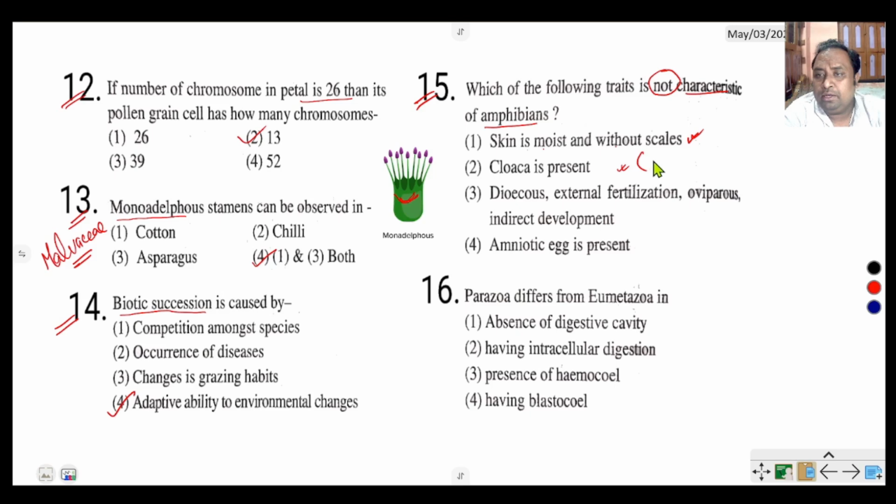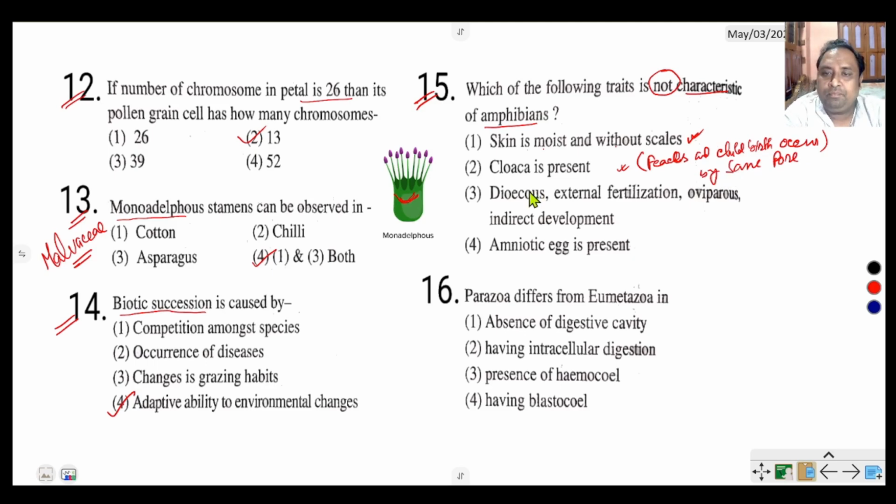Cloaca means when excretion and childbirth occur by the same pore.